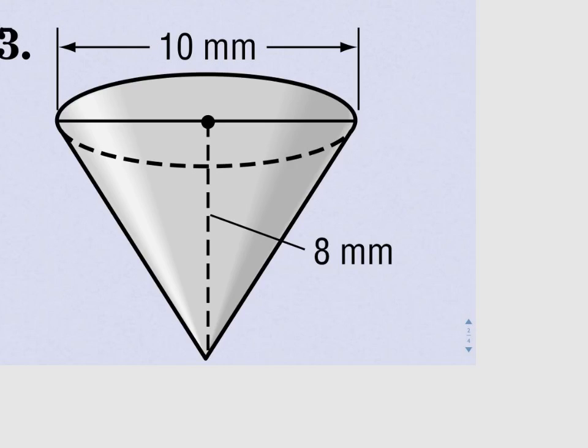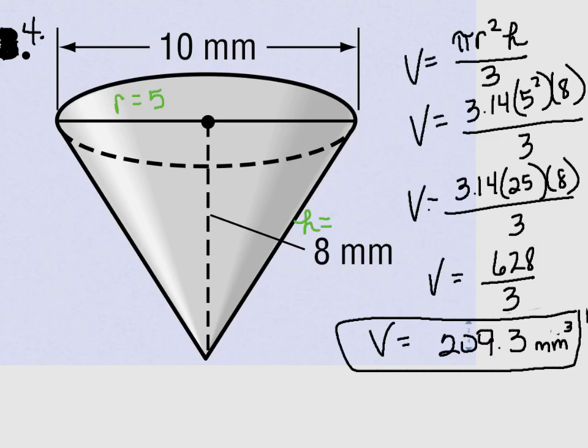Number 4. What I'd like you to do now is pause the video and find the volume of this solid on your own. Please pause the video now. When you're done, you can go ahead and hit play to check your answer. Okay, here you go.